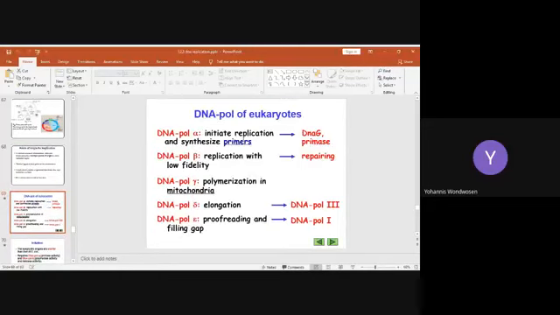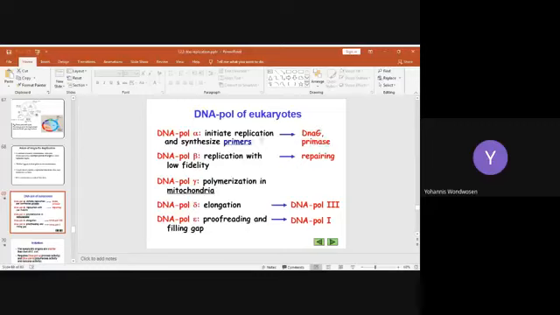So when we look at the DNA polymerases of eukaryotes, DNA polymerase alpha can initiate the replication process, and it can synthesize primers, with primase activity.